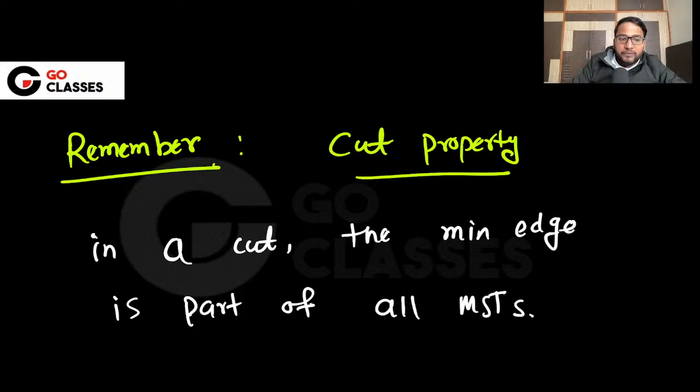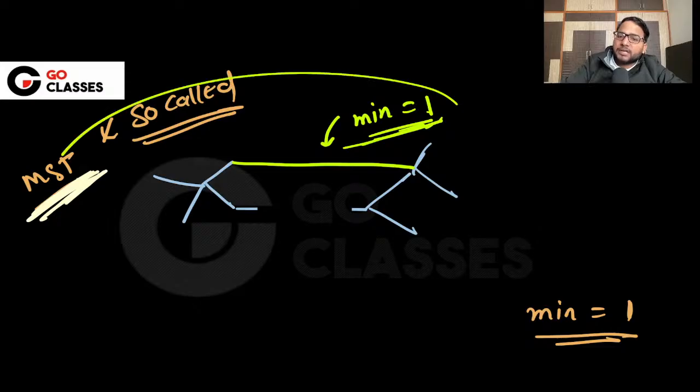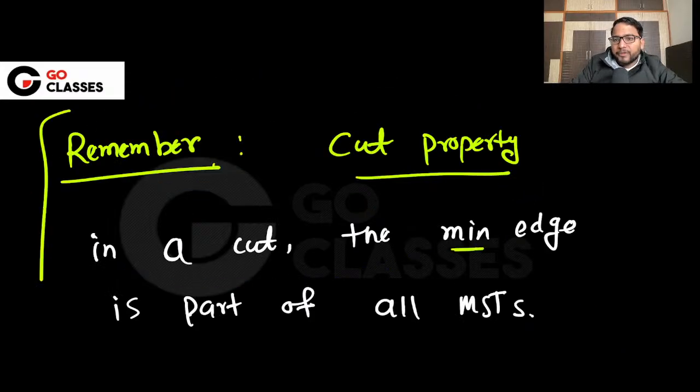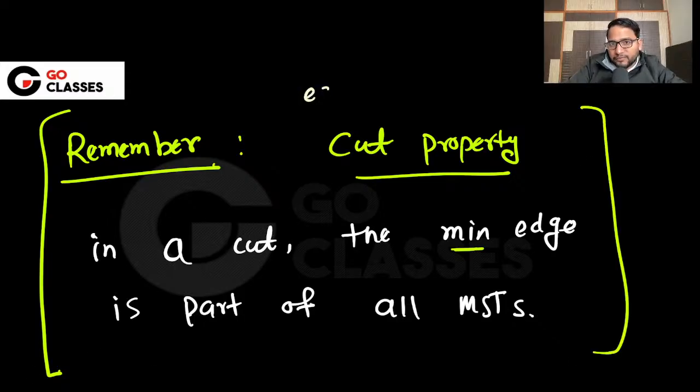If this is not part of any MST, then we have proved by contradiction that we can still decrease the cost. Anyway, you remember this result, right? I'm assuming here that edge weights are distinct.